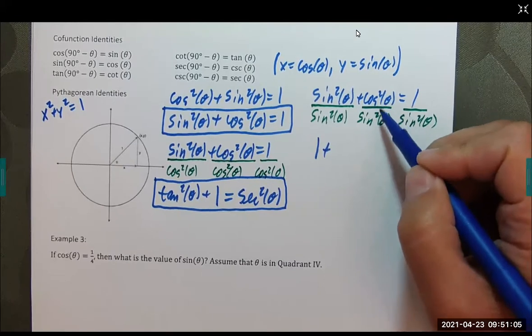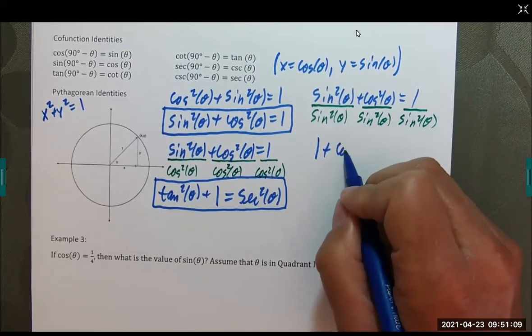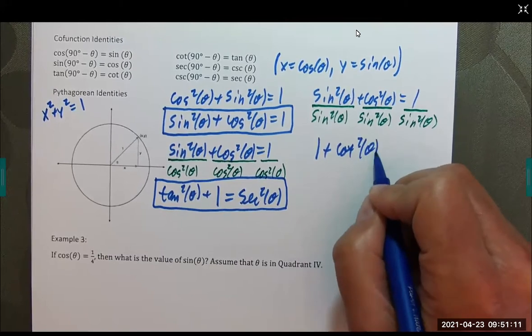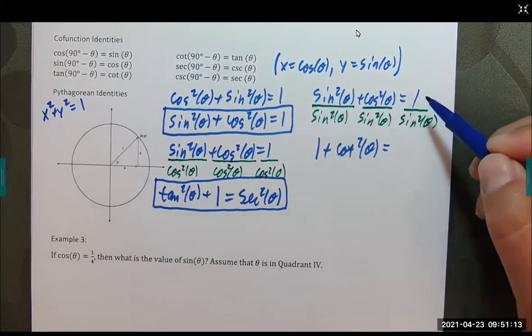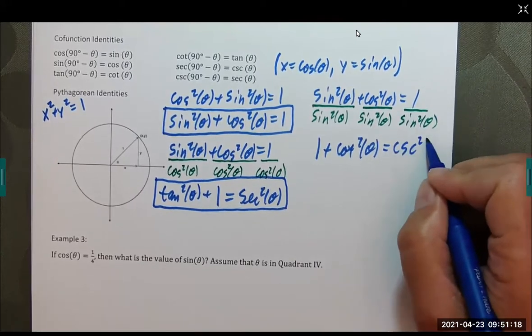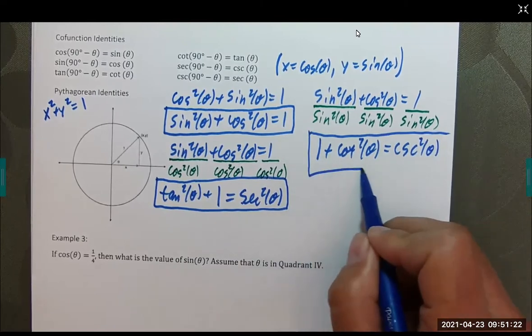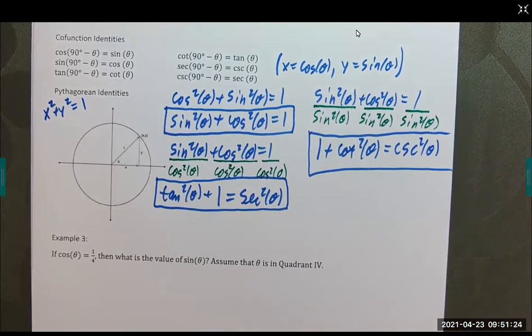Cosine over sine is cotangent, right? That's the reciprocal of tangent, cotangent squared theta. And we just learned with our reciprocal identities, 1 over sine is cosecant. And this gives us our third version of our Pythagorean identities.